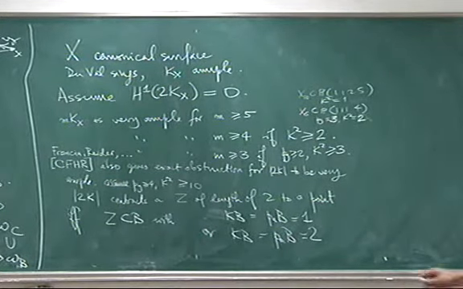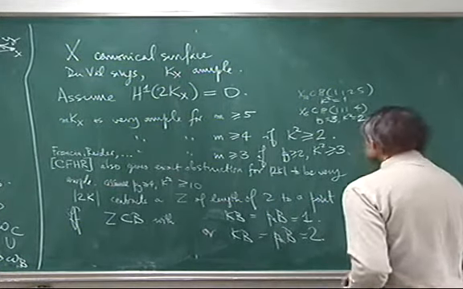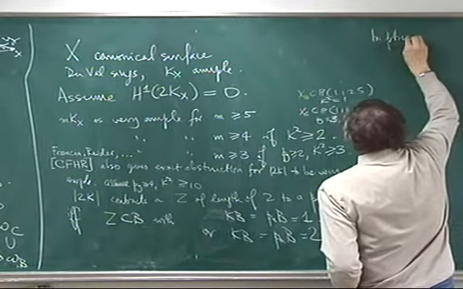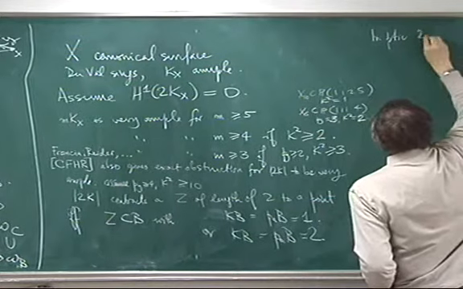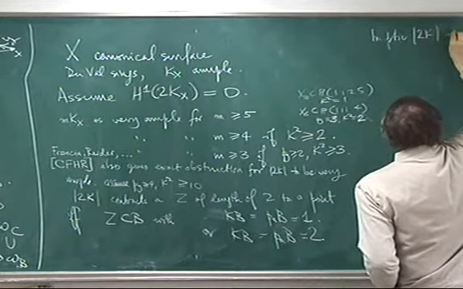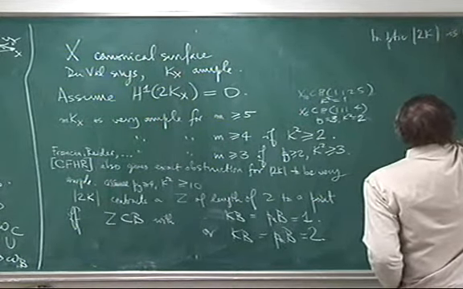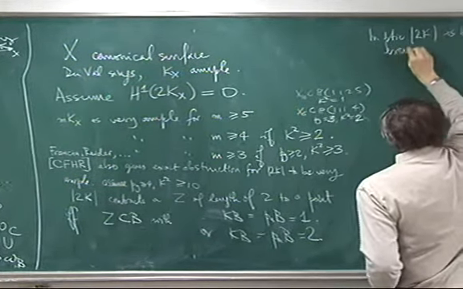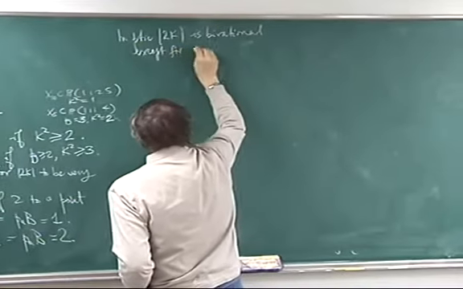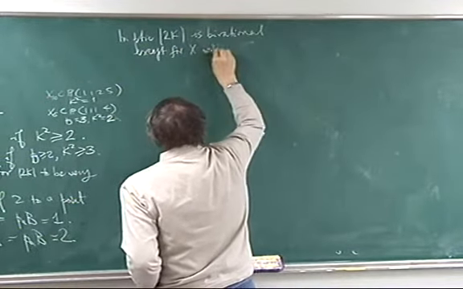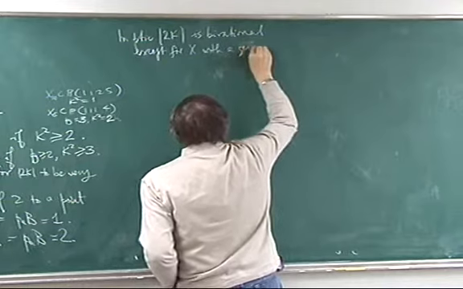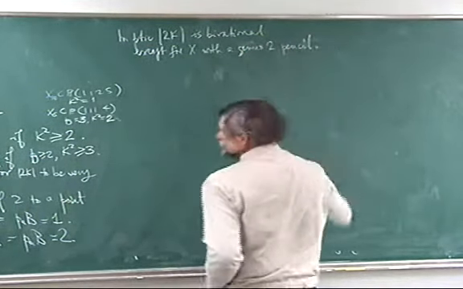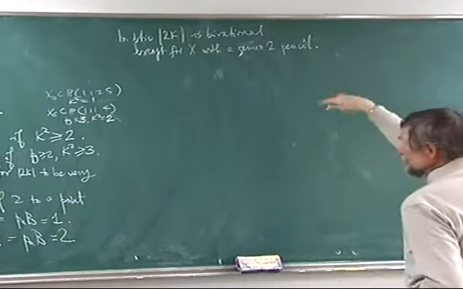Okay, so what's happening here? In particular, 2K is birational, except for X with a genus 2 pencil. This is something that comes up from time to time.